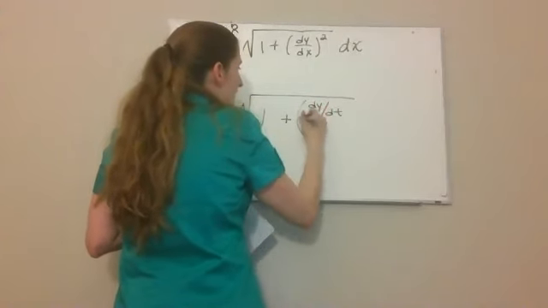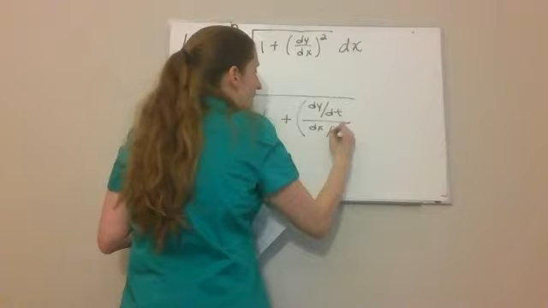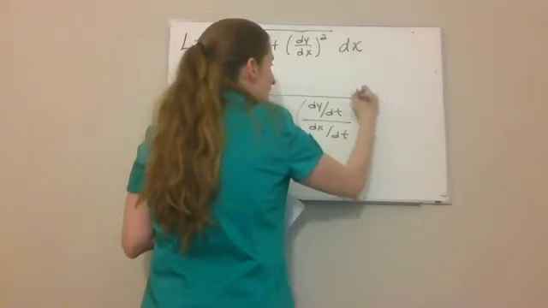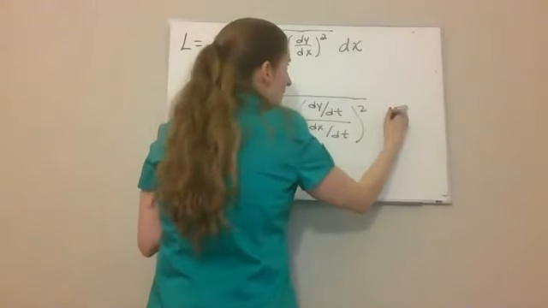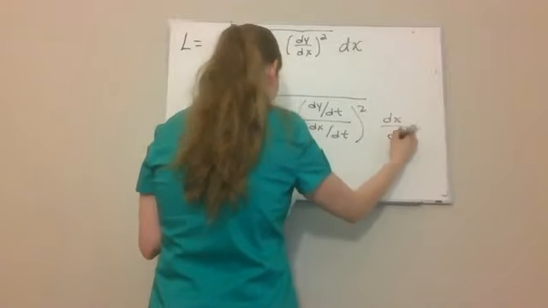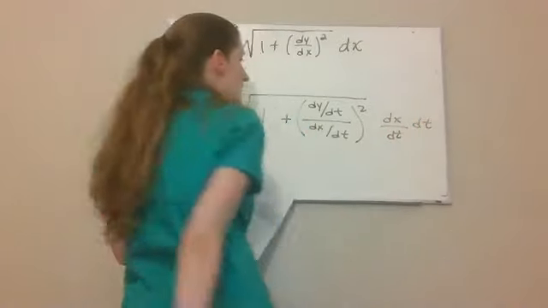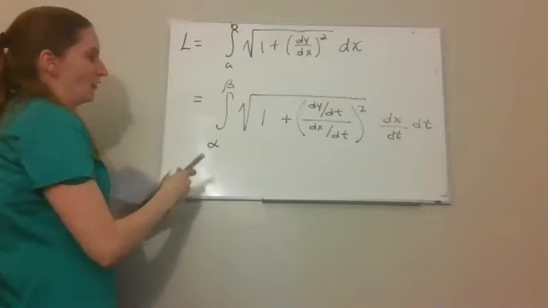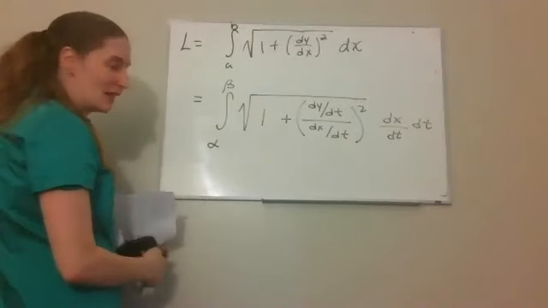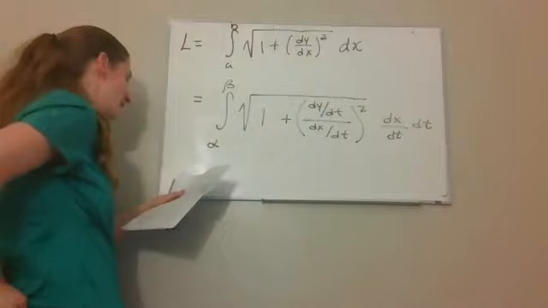That was dy/dt over dx/dt, squared, times dx/dt dt. Now, that looks pretty terrible right now, I fully admit that, but it actually writes out pretty nicely.